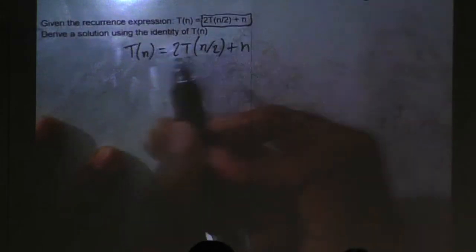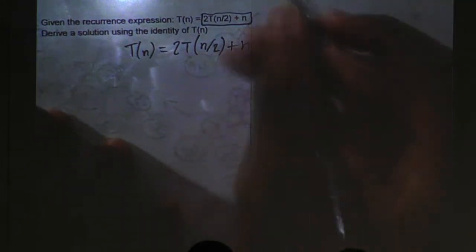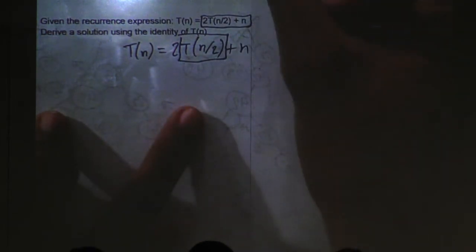So for here, we'd start with T of n equals 2T. This is the expression they gave you, I just rewrote it. Then you would replace this T of n over 2. If T of n is this equation, that means T of n over 2 is going to be equal to this same equation, but just inputting n over 2 everywhere you see n.